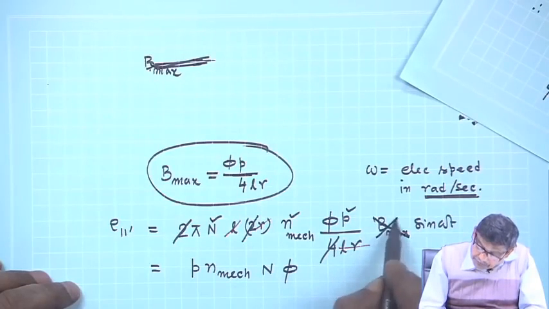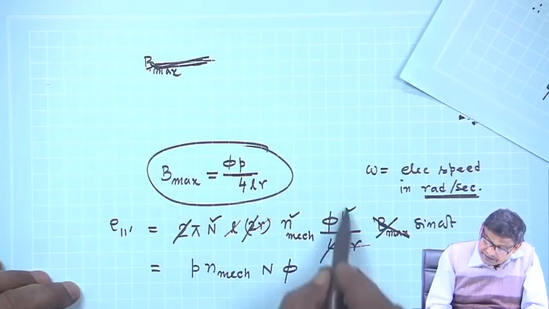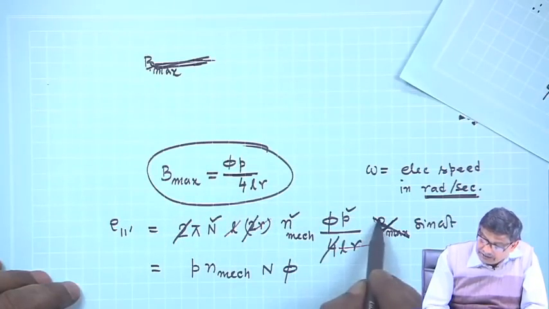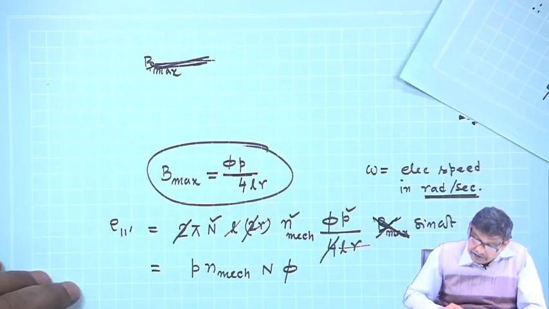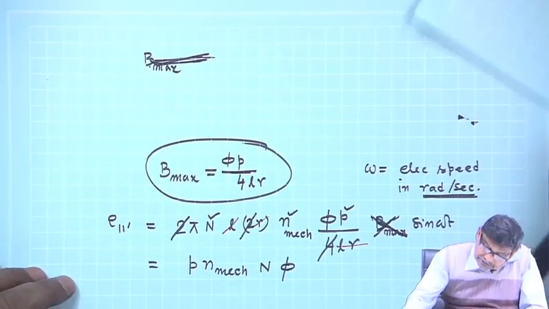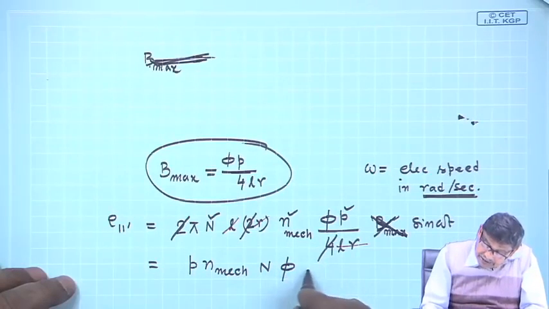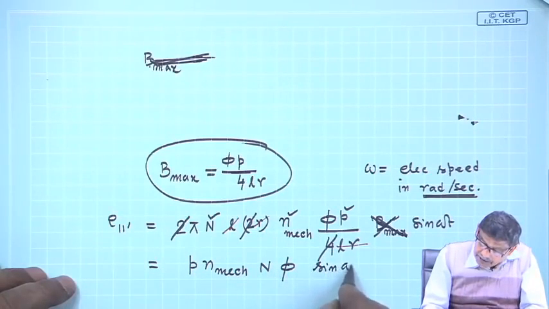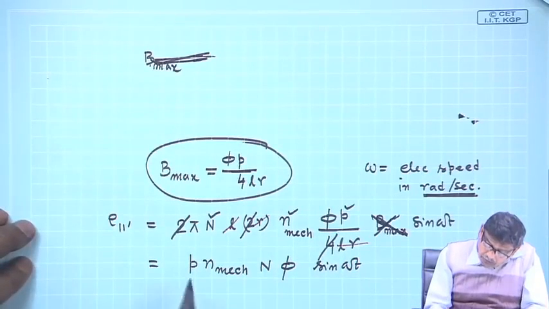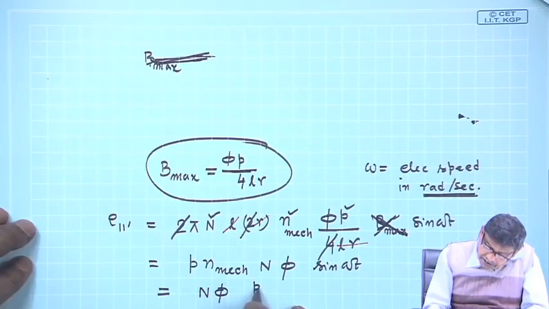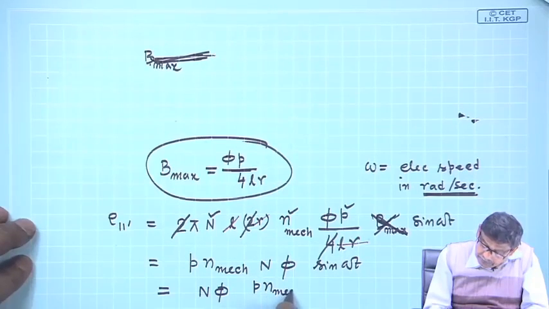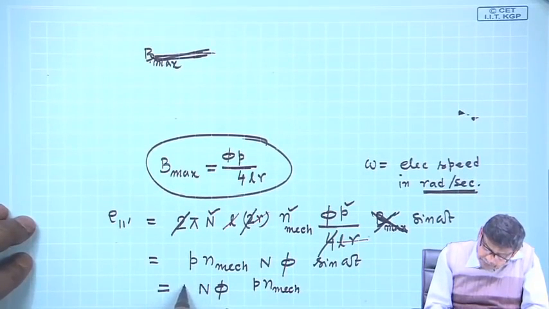I should not write B max because I have substituted B max by this. I wrote an extra B max, which must not be there in this line of derivation. And then sin omega t. Now I will write it like this, N phi, and this is P n mechanical, and I will multiply by 2 and divide by 2.